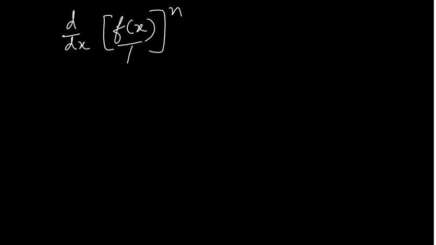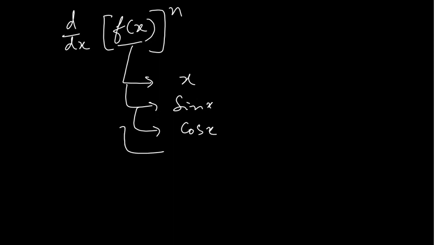Okay, the rule is d by dx of any function to the power of n. So what are these functions? This function can be x, or it can be sin x, or it can be cos x, or it can be e power x, anything.